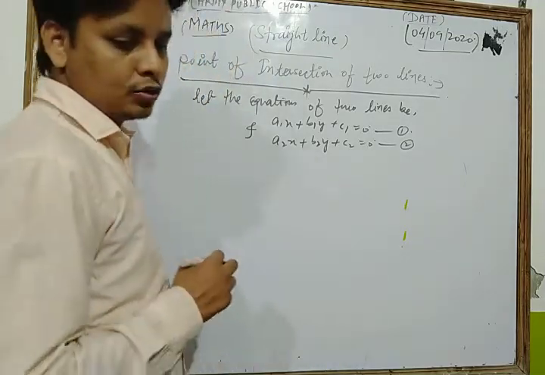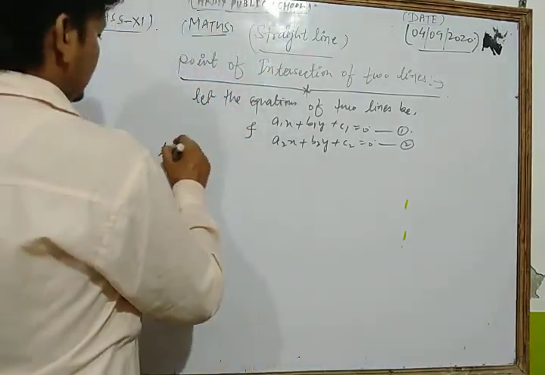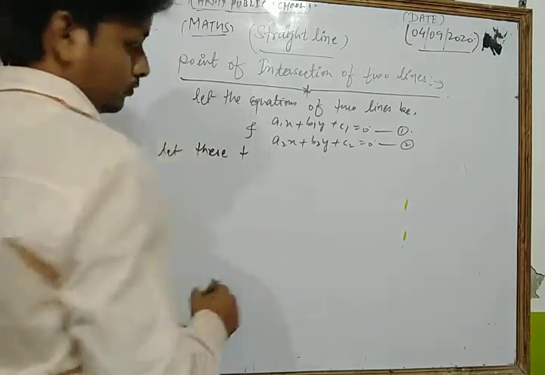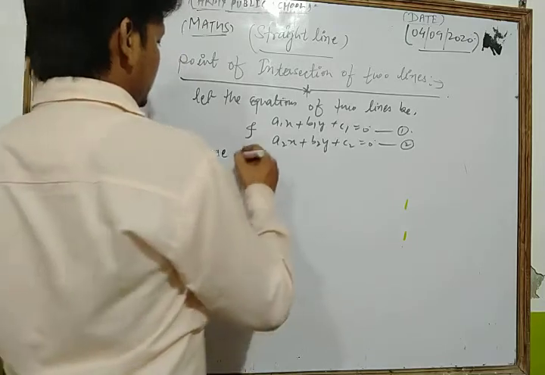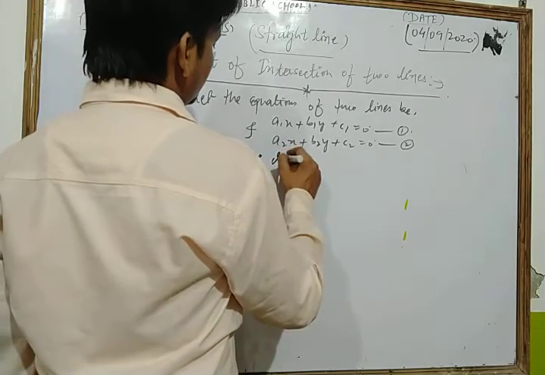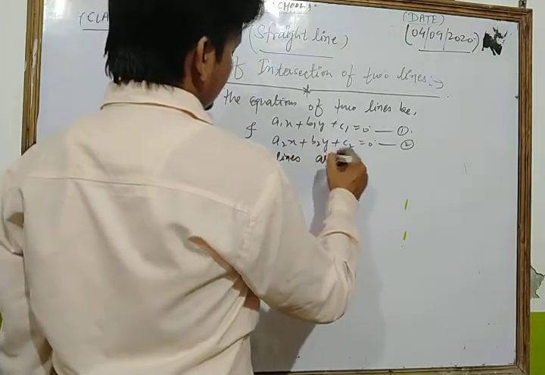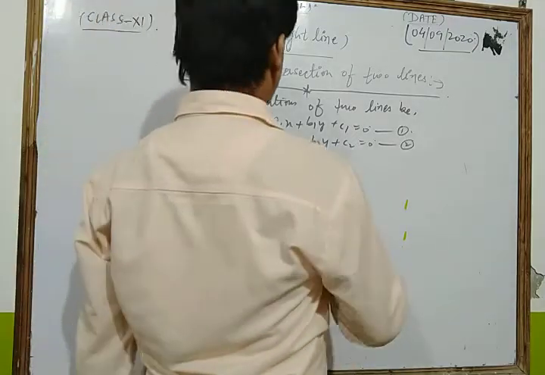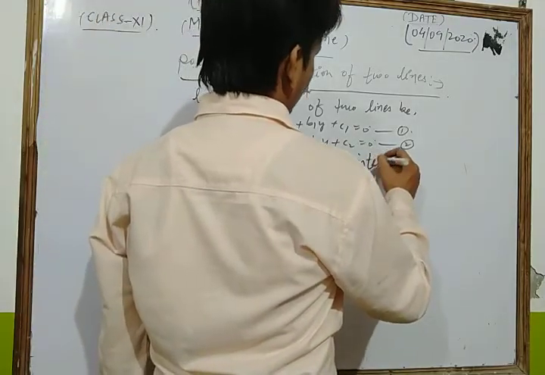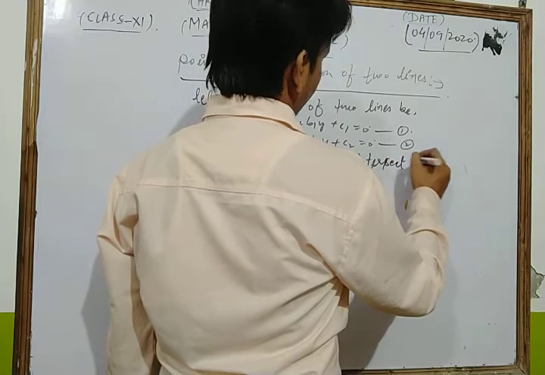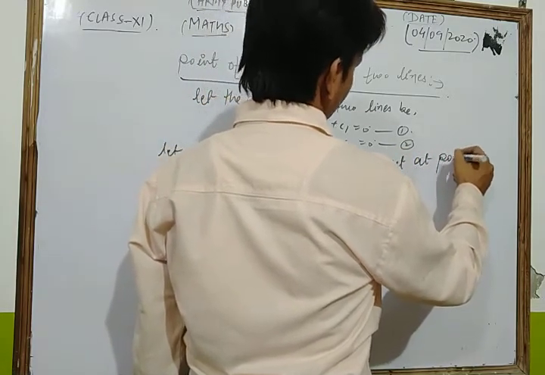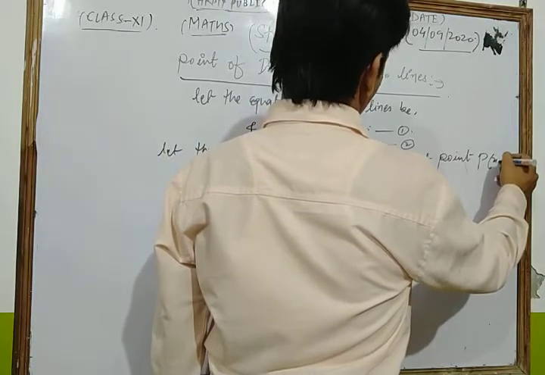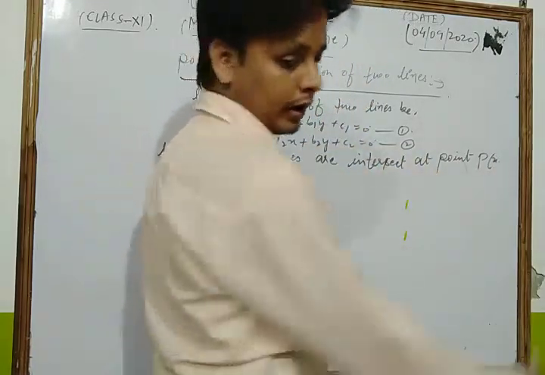So let these two lines intersect at point P, which is x1 y1.